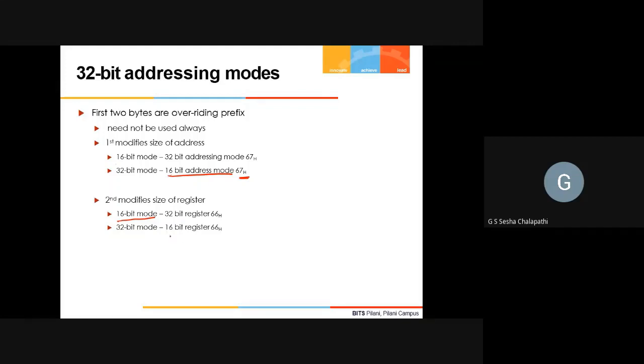Another thing is, if you use 8-bit registers to do a transfer, let us say something like move AL, 1234H, when 8-bit registers are used, there is no register violation in any mode.